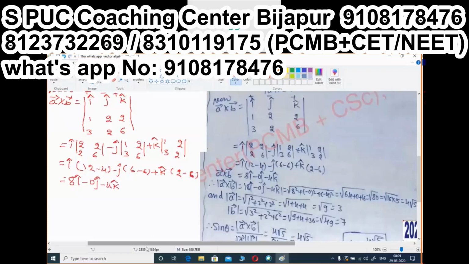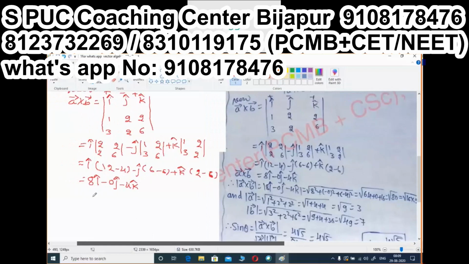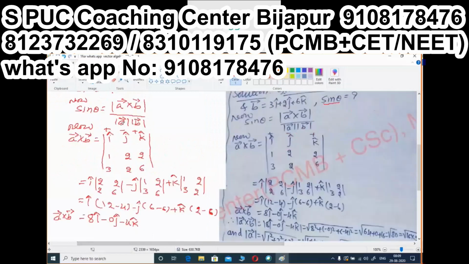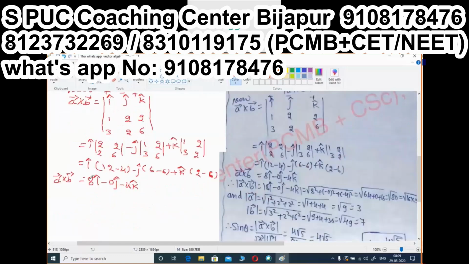Whatever the a cross b, it is a vector cross b vector you obtain, and you need its modulus. If you observe this formula, we are going to calculate the modulus of a vector cross b vector, so that you can find it.